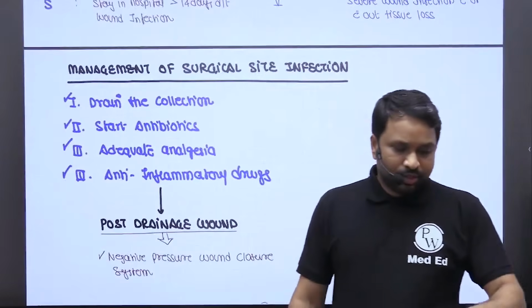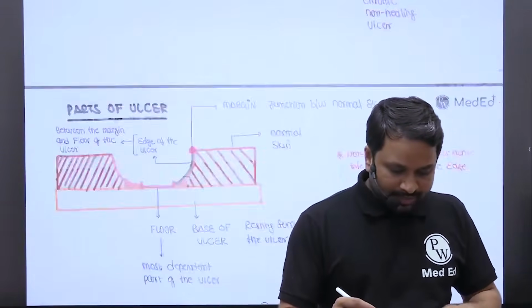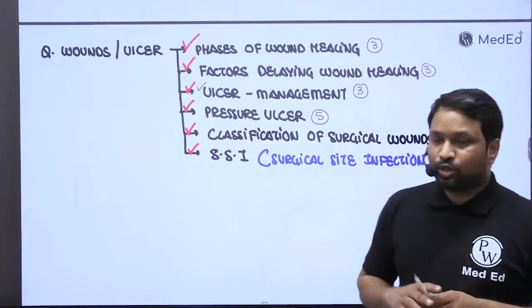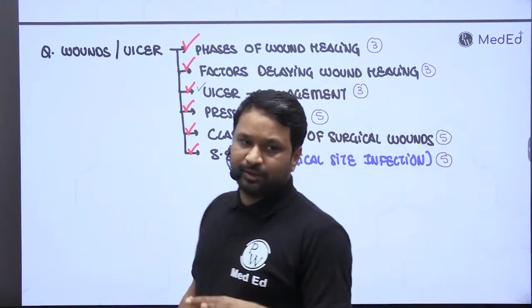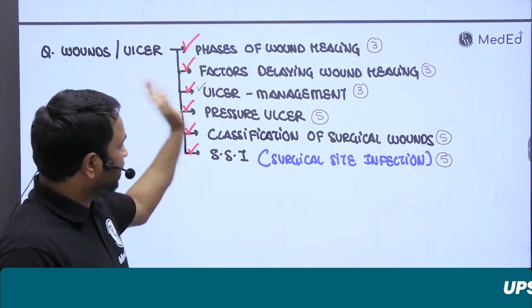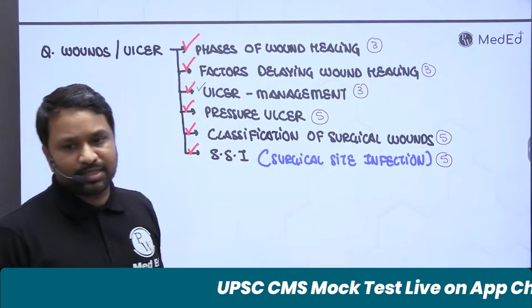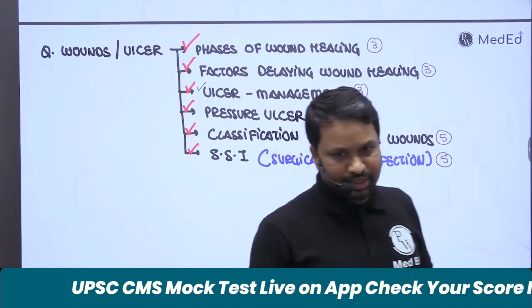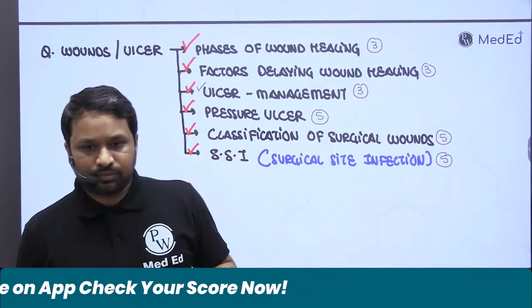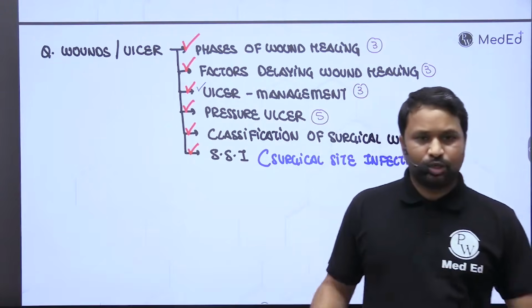Okay? So this concludes all the questions that have come so far from wounds and ulcers; we have covered all of them. ठीक है, तो आज हमने क्या क्या टॉपिक्स कवर किए वूंड में, we have completed everything. Phases of wound healing, factors delaying, ulcer management, types of ulcer, pressure ulcers, classification of surgical wound, as well as surgical site infections. ठीक है, यहां तक ठीक है गाइस? So far so good? कोई सवाल, कोई शक?